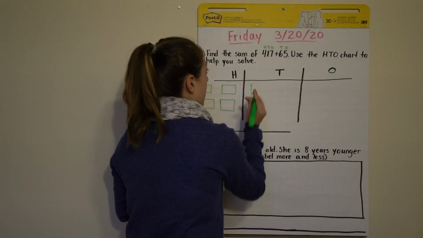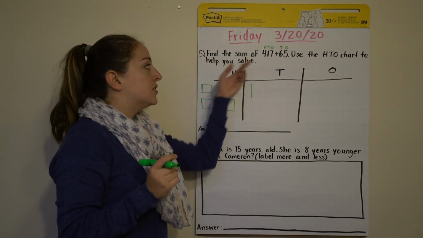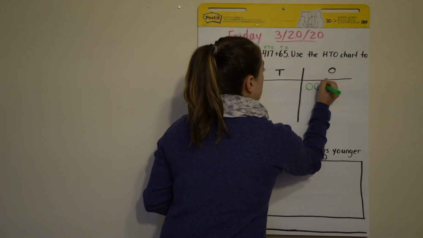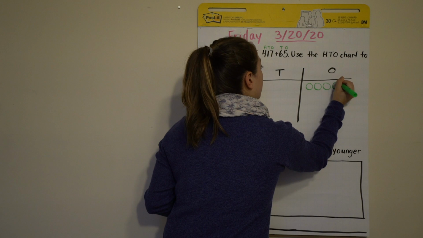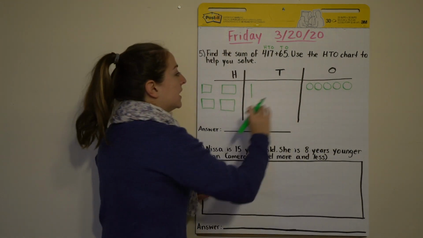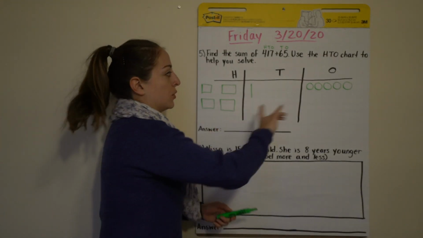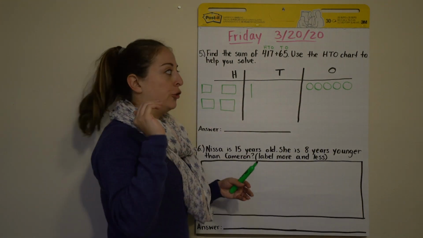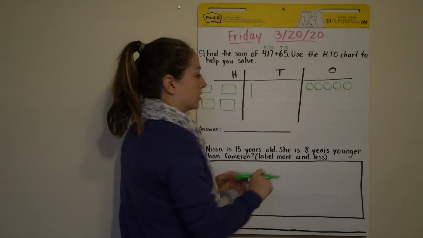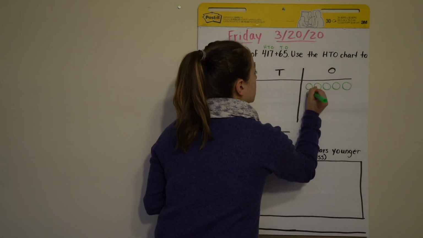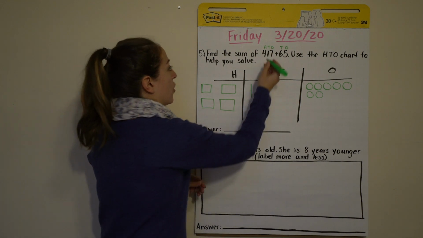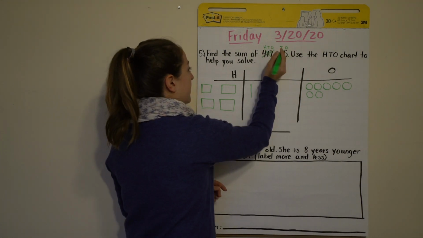So we're gonna draw 110. Then we only have 7 ones. 1, 2, 3, 4, 5. I like to draw my ones in rows of 5. That way I can easily circle it and I'll know when I make a 10. Okay, so I have 5 here, 6, 7. Okay, now we can cross this off so that we know that we finished that.